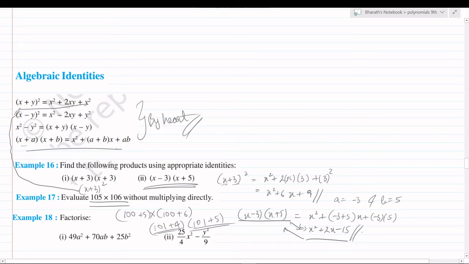But if you take the nearest zeros for any question, it becomes easy. So for solving this, you have to take the same identity, where x is equal to 100, a is equal to 5, and b is equal to 6. Solve.